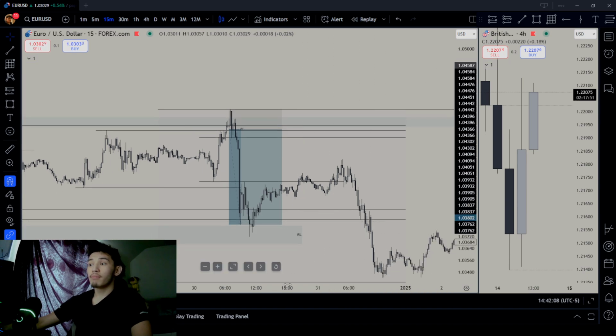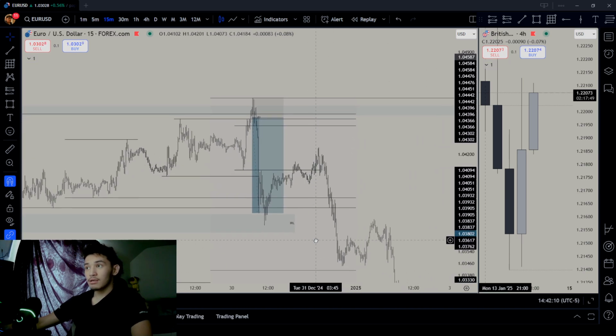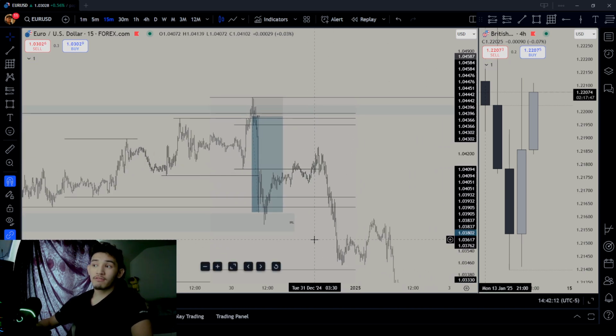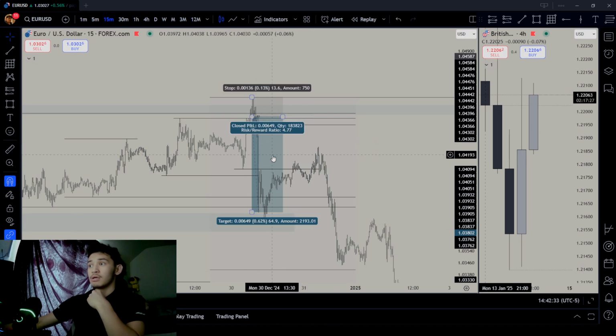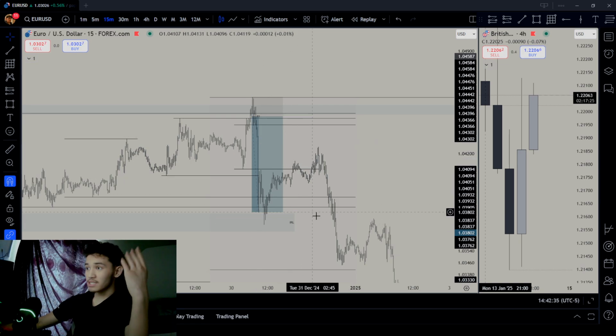This is the forever model that Romeo PT, the creator of CRT, came up with. He is not the creator of all the concepts I'm teaching, but he is the creator of CRT, right? The other concepts are very high probability concepts that are widely used. You can see we're using ICT's concepts in this, such as IRL to ERL, daily ranges, and a lot more, right?